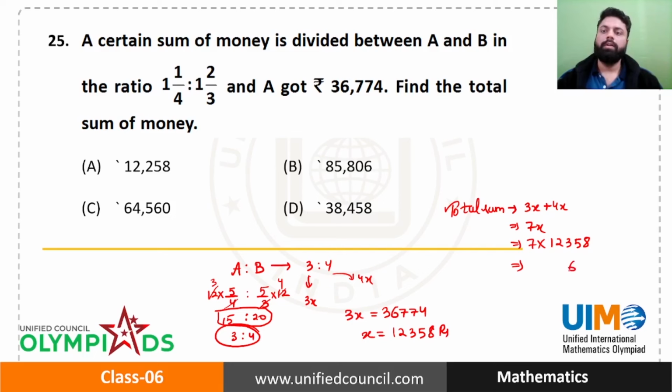That will be equal to 85,806 rupees. One second, let's cross check the value. 36,774 divided by 3 is 12,258. And then multiply it by 7, that is 85,806. B option. Next one.